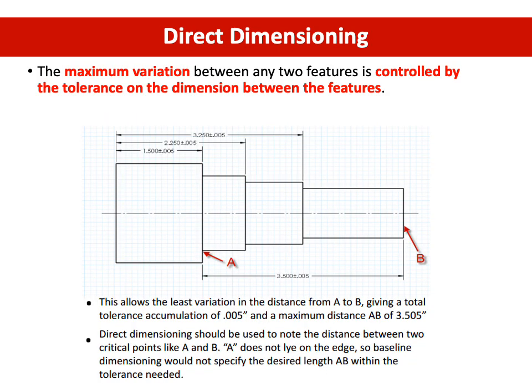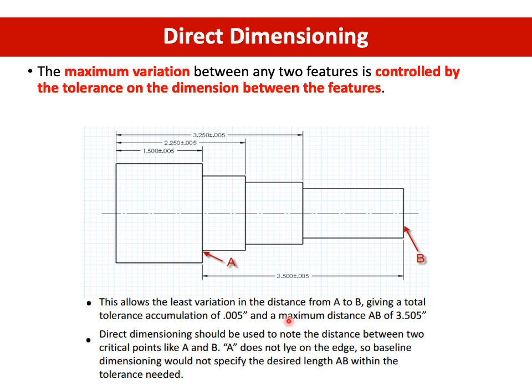The last one for cumulative tolerance is direct dimensioning. Direct dimensioning is where the maximum variation between any two features is controlled by the tolerance on the dimension between the features. So you just need to calculate between A and B, and you get right around 3.5.